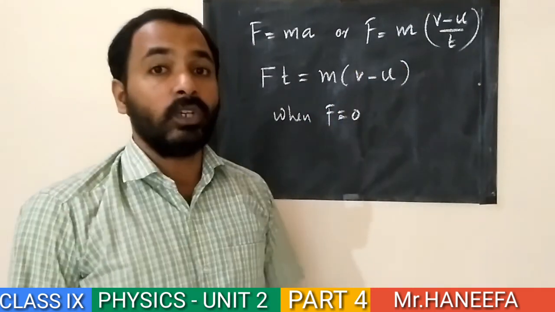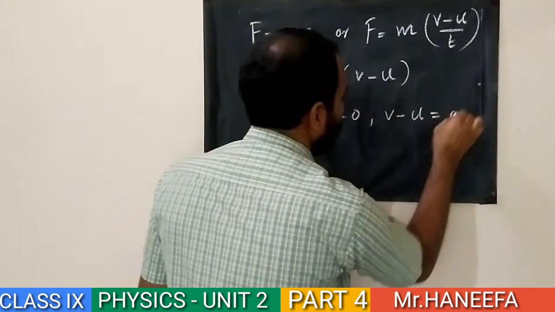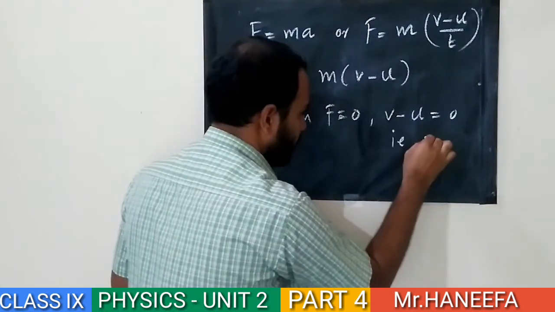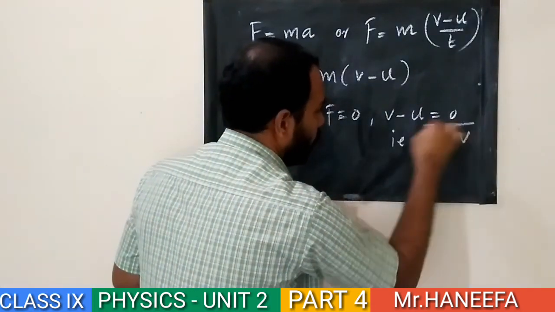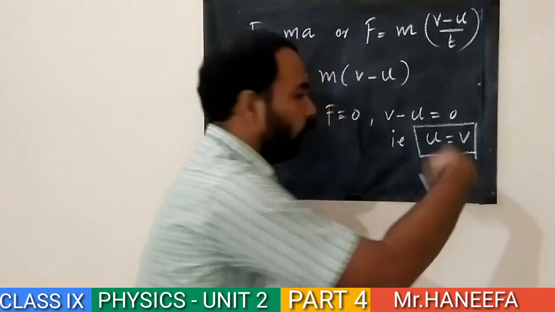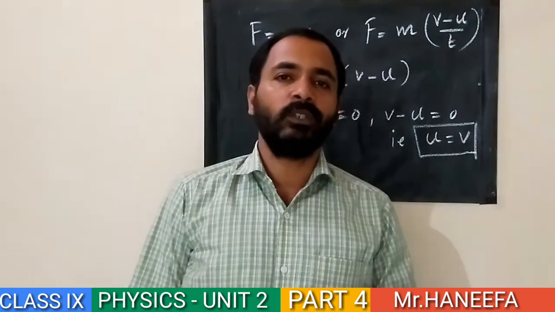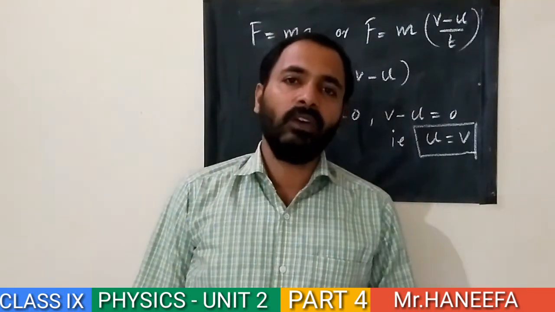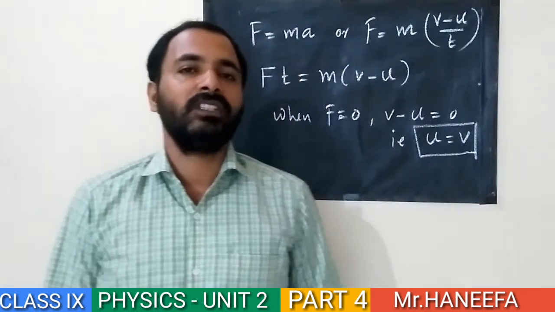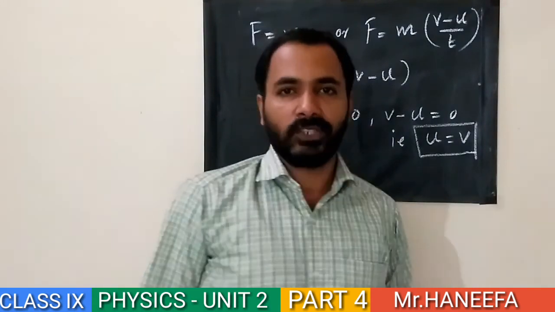When F equal to 0, v minus u equal to 0, that is u equal to v. What is the meaning of u equal to v? Uniform motion. Initial velocity and final velocity are the same, which means uniform motion.